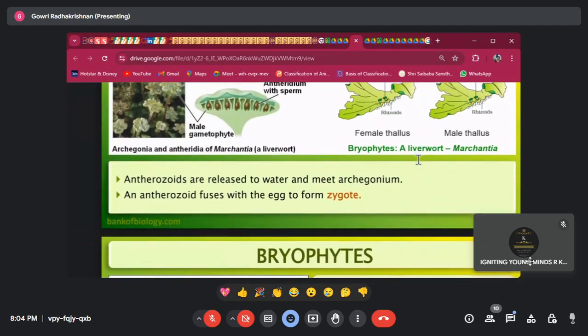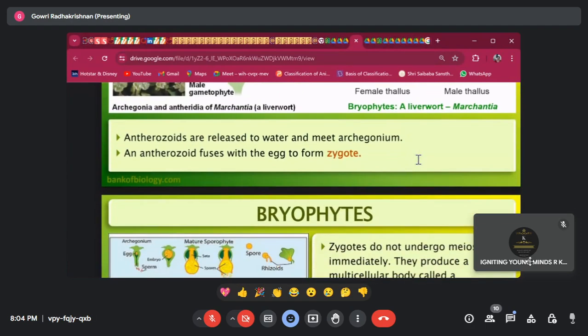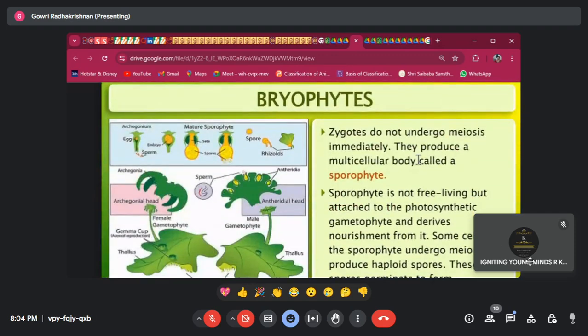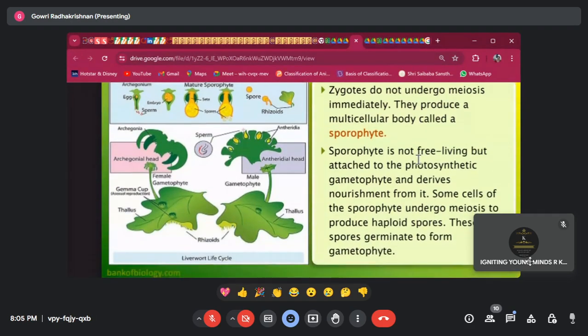An antherozoid fuses with the egg to form a zygote. Zygotes do not undergo meiosis immediately. They produce a multicellular body called a sporophyte. The sporophyte is not free living but attached to the photosynthetic gametophyte and derives nourishment from it.